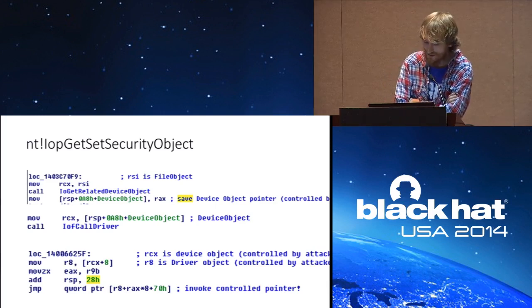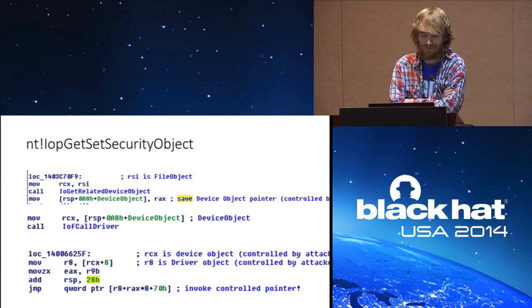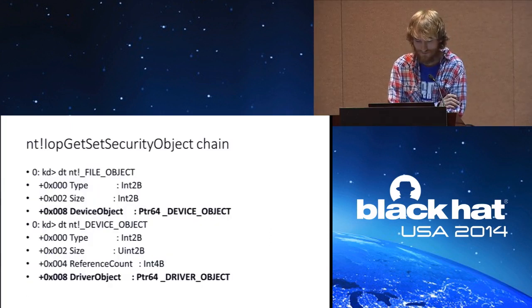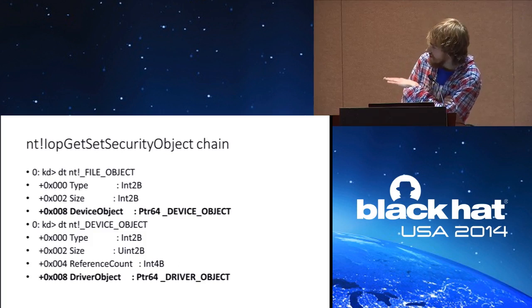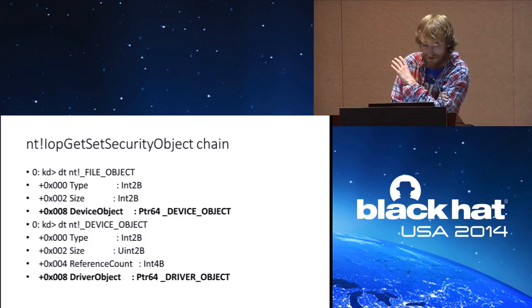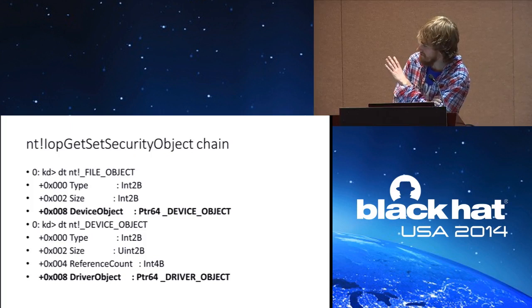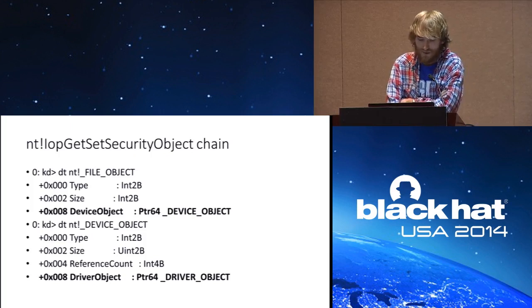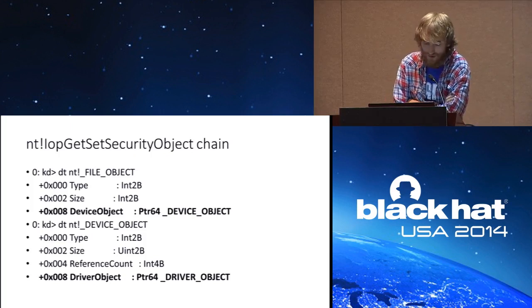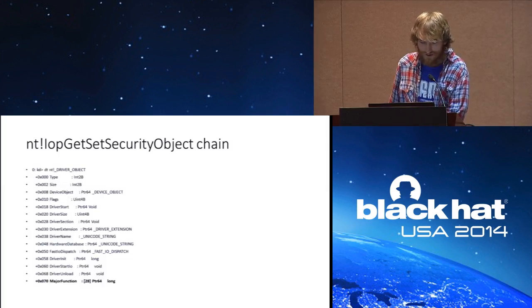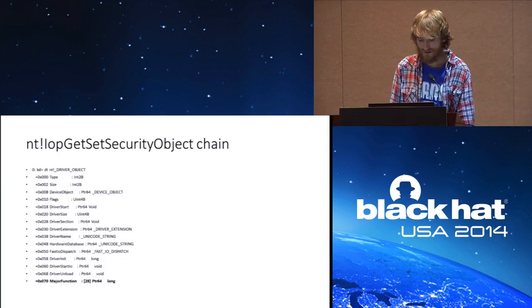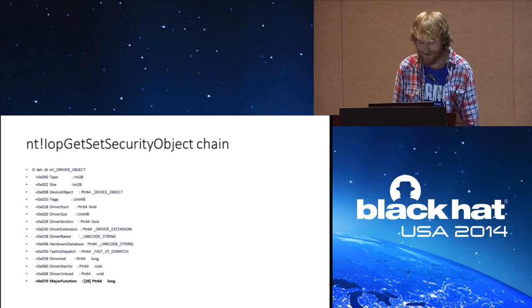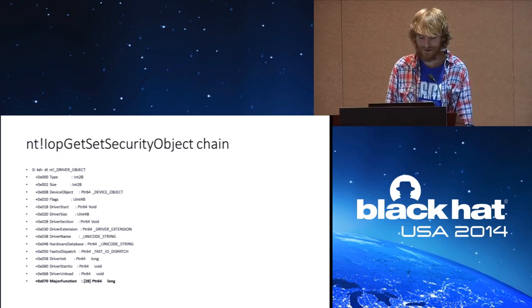And in the end, it will jump to our ROP chain or shellcode. I cut these structures because device and file object are bigger, but the most important is just the pointer chain. And the driver object in the end contains a MajorFunction array, which is basically function pointers.